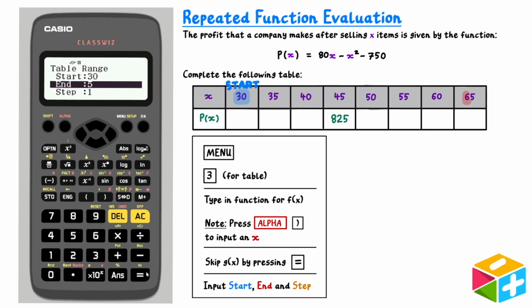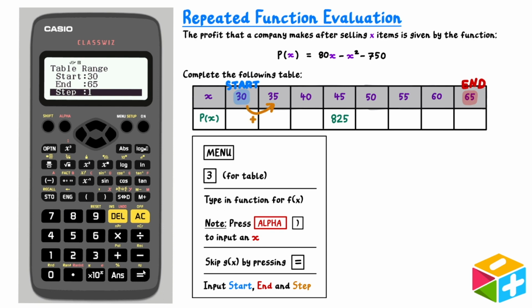End is the last value, and here that's 65. Step refers to the jump between our numbers. In our example, this is 5.